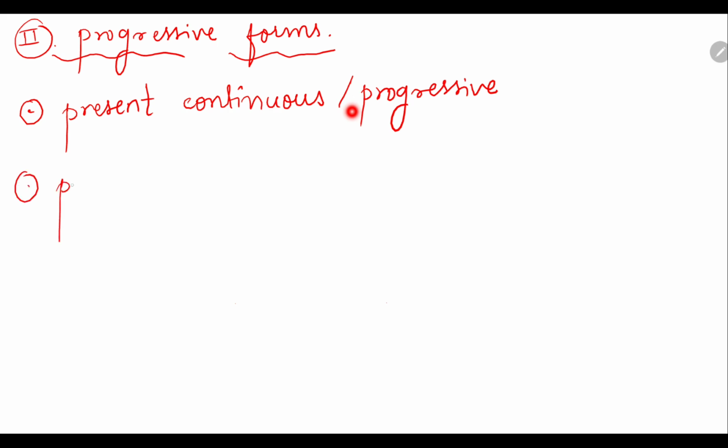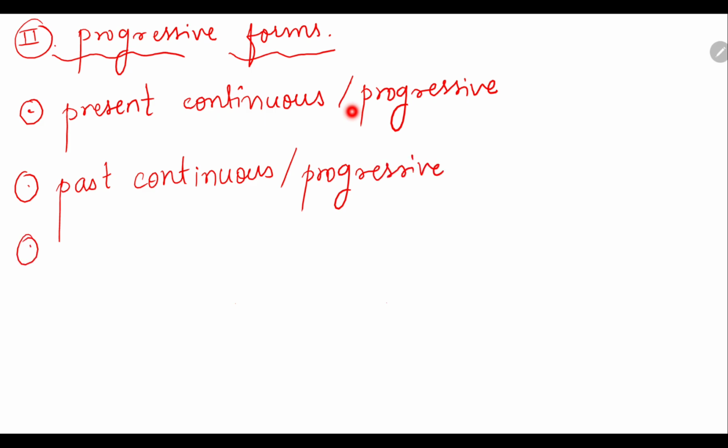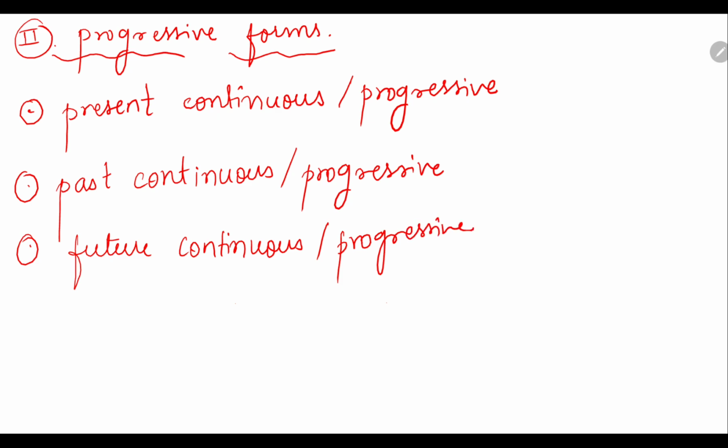Past continuous or past progressive tense. Third one is future continuous or future progressive tense.